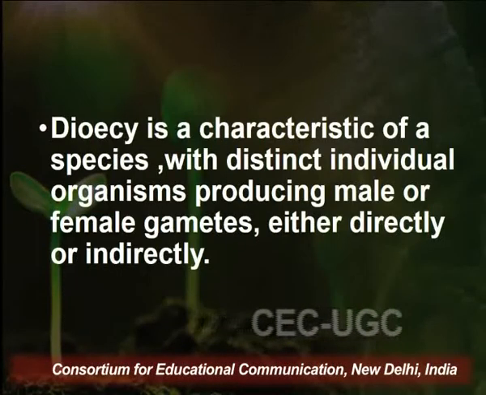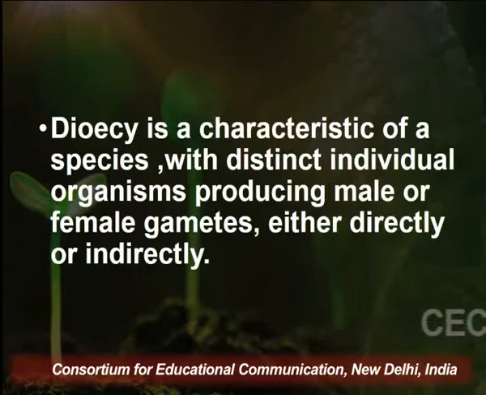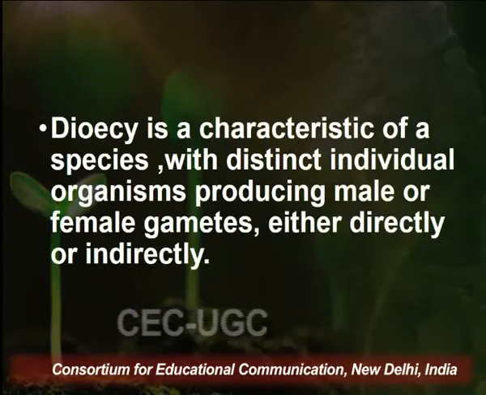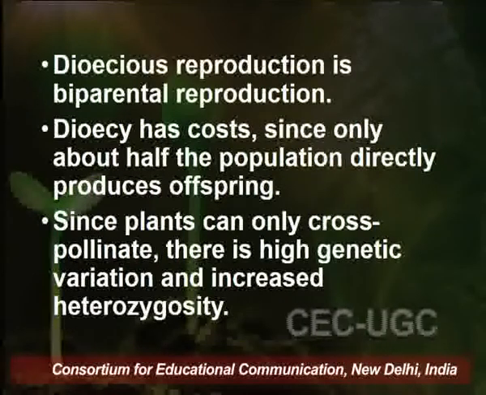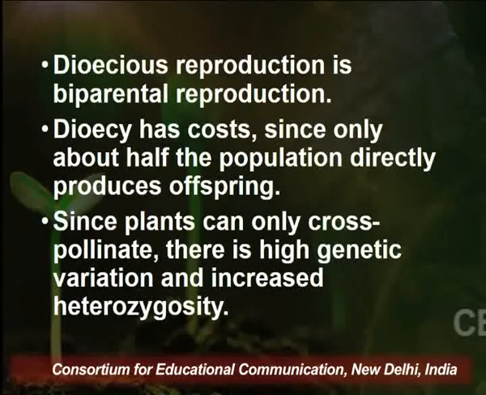So, dioecy is a characteristic of a species. Either the male or the female gametes are going to be produced, either directly or indirectly. We can also summarize that dioecious reproduction is basically a biparental reproduction. That means you have a male plant and a female plant, and you have to pay a cost for that, because only half of the population is going to directly produce offspring, because it's only the female plants which are going to produce.